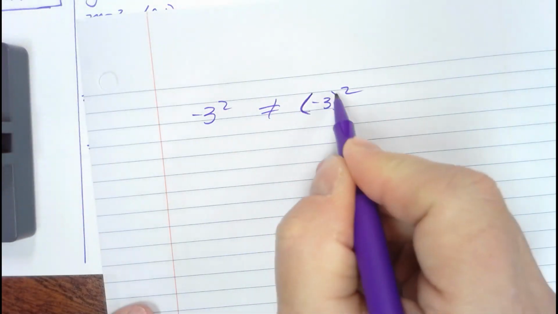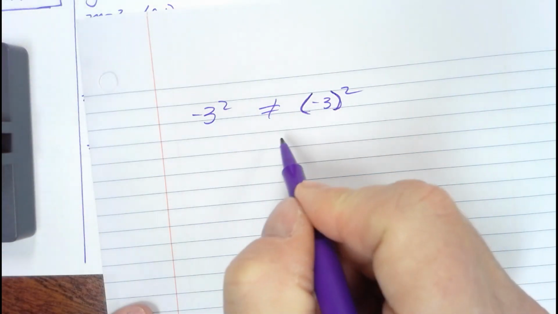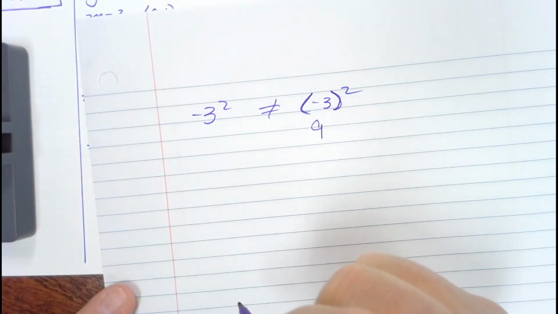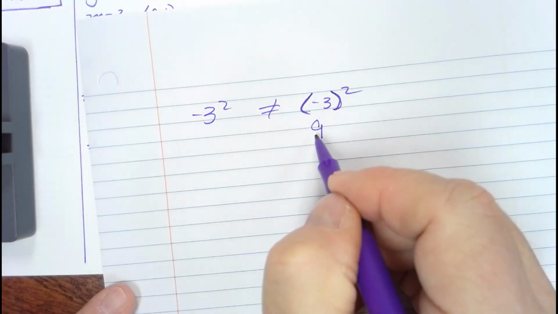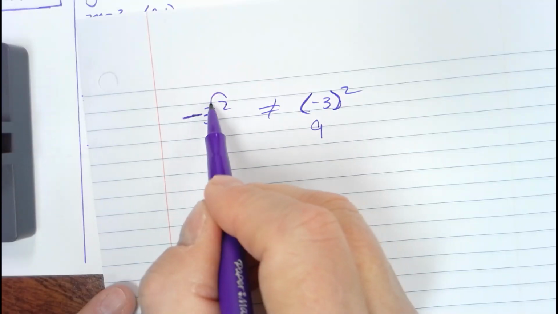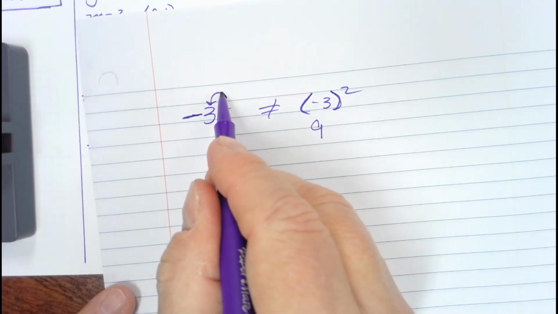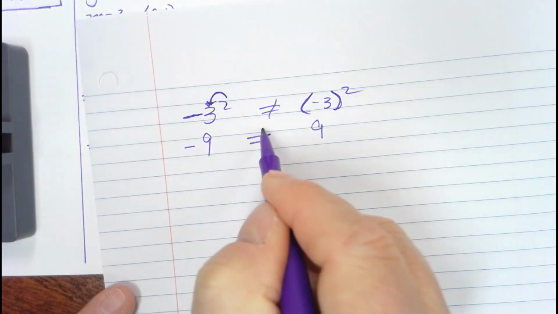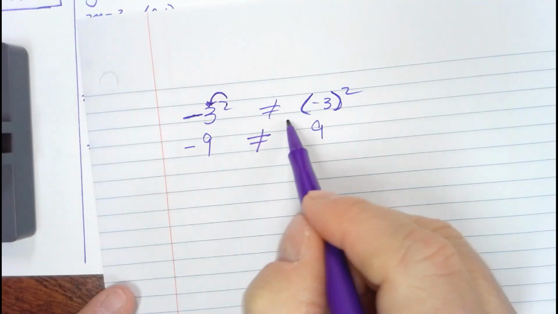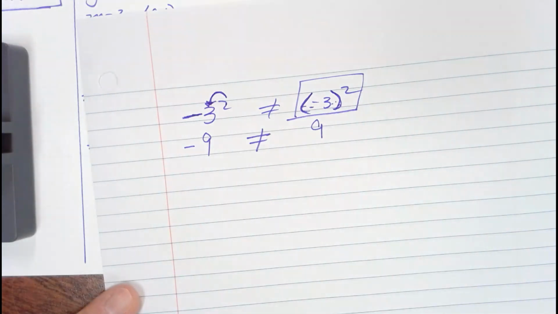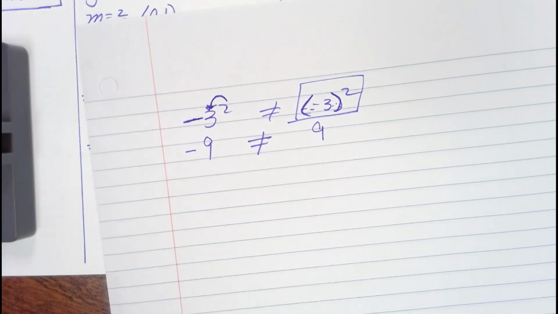You have to use parentheses when you substitute. (-3) times (-3) is +9. This says the opposite of 3 squared. Exponents act on what's directly in front of them, so the answer here is -9. Those two are not equal. If you punch it into your calculator, make sure you put those parentheses in there, or you're not going to get accurate information.